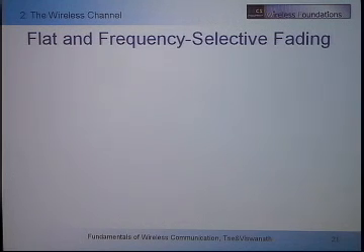Then we're ready to think about fading. So now we can think about how fading occurs. What does fading mean? Fading means that the gain may become very small or very high because of constructive and destructive interference. That was the physical explanation.